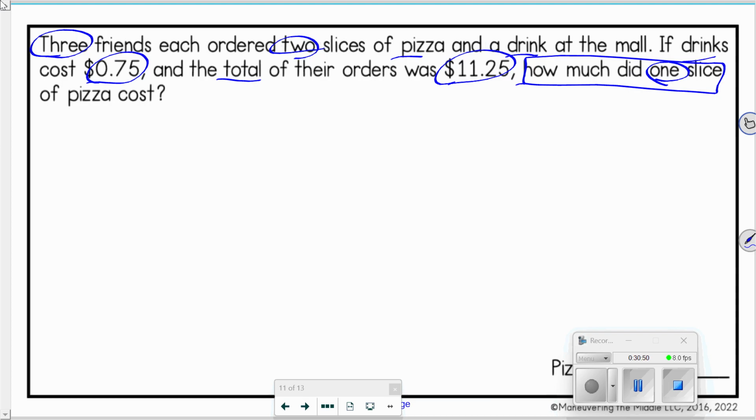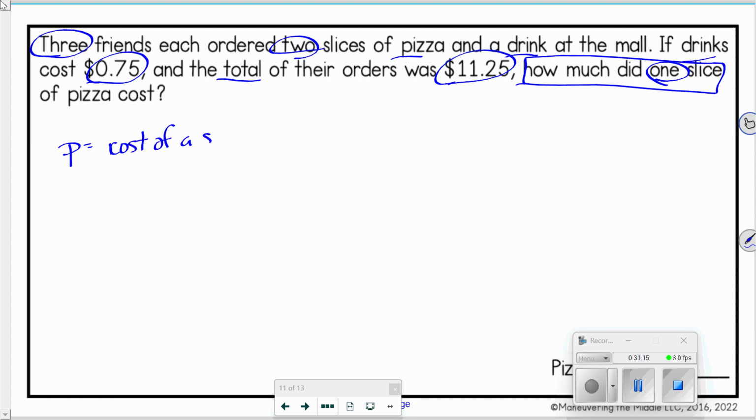So anytime you're doing this type of problem, the first thing you must do is identify fully your variable. P equals pizza. So P equals, what about pizza? Cost of pizza. Again, as specific as possible.